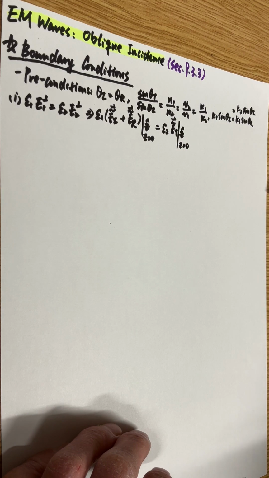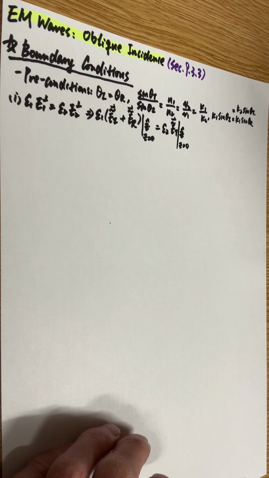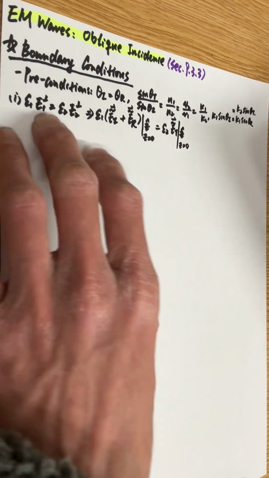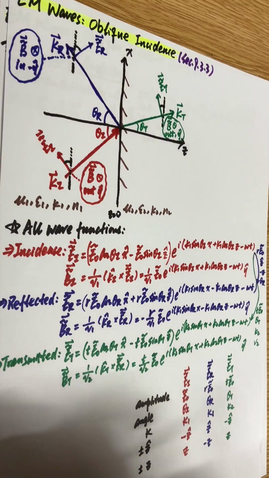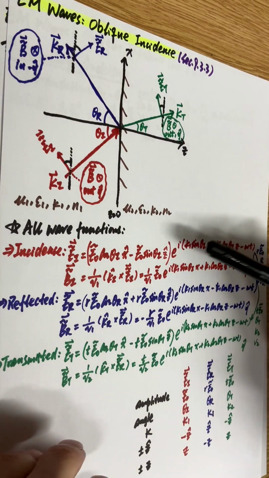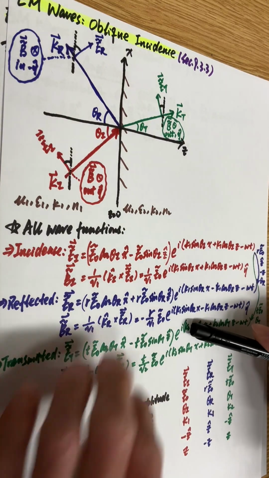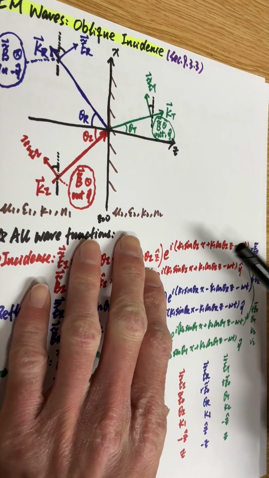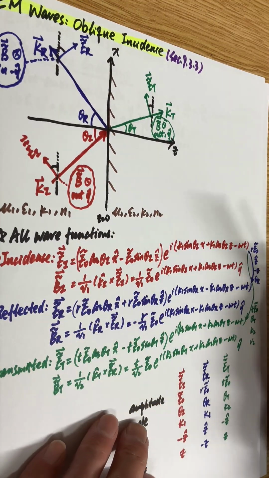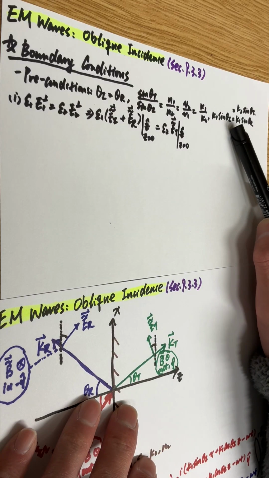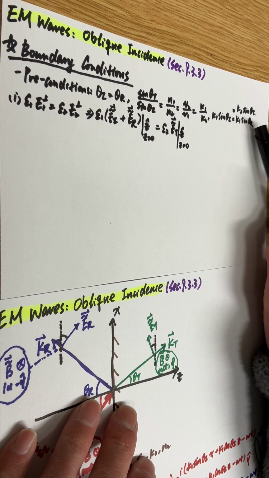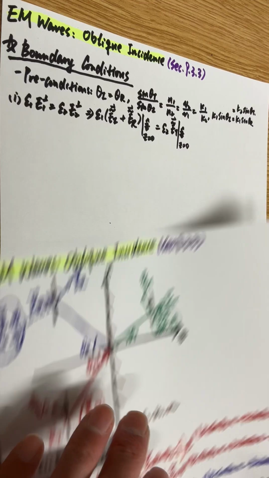So what does this mean? If you look at the normal component, so the three electrical fields. First we look at the propagation function, which is very easy to see because here we have the precondition k1 sine theta I equals k1 sine theta r equals k2 sine theta t.